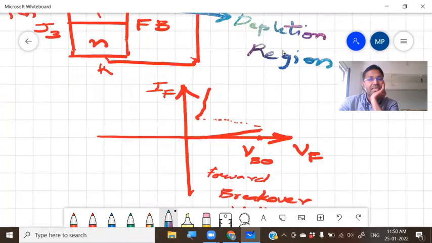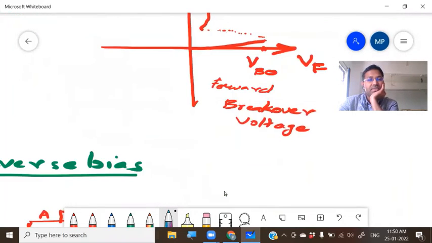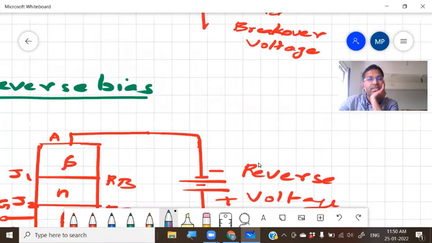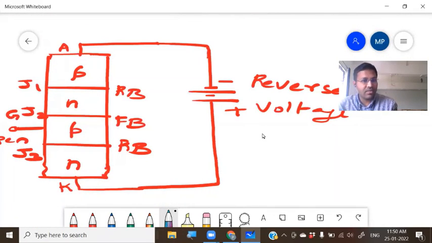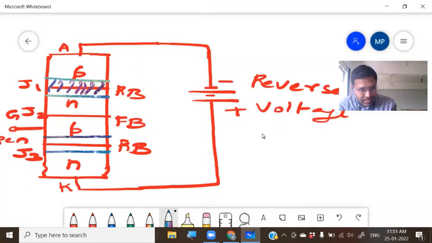Same here. Wherever we have reverse bias, we have to consider the depletion region. So there will be a depletion region across J1, and next, a depletion region across J3.